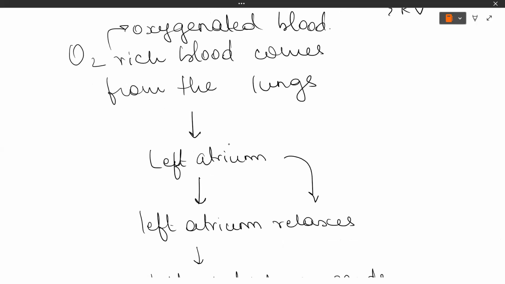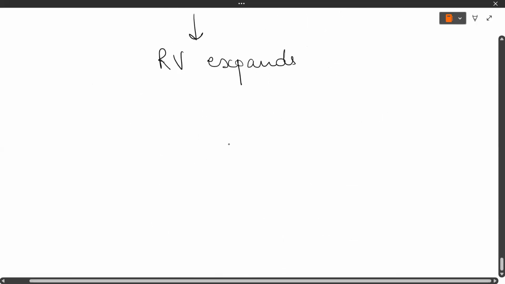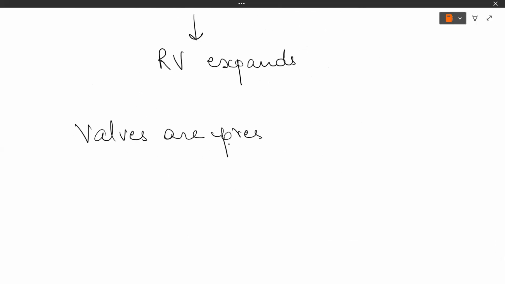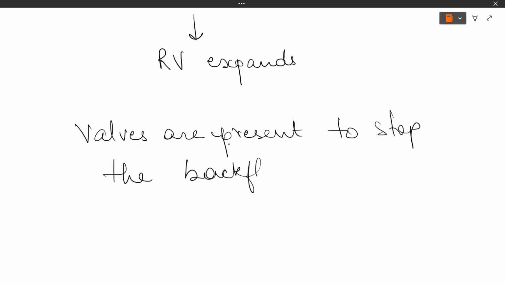That is why walls are present, to stop the backflow of blood. Is it clear? Yes, ma'am. So this is all about your heart and how blood comes to the different chambers of the heart.